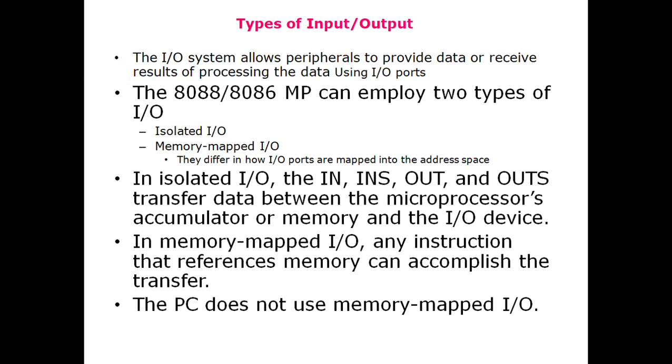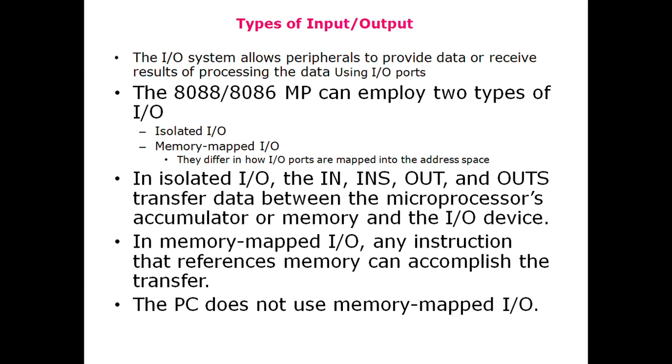So the microprocessor is operating on the data, and the results are shared with the external environment through these input and output devices, which are connected to the microprocessor through the input and output ports. The 8088 and 8086 microprocessors normally employ two types of input and output interfacing. One is called isolated I/O, and the other is called memory mapped input and output.